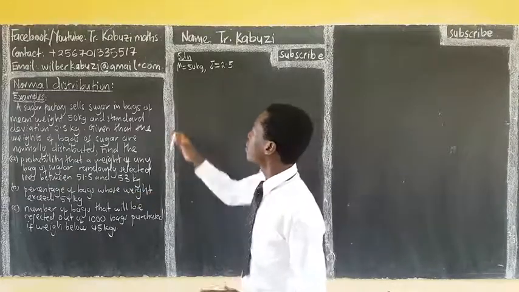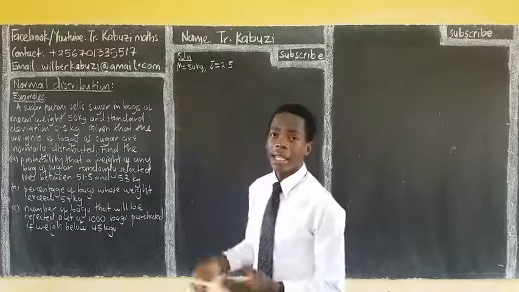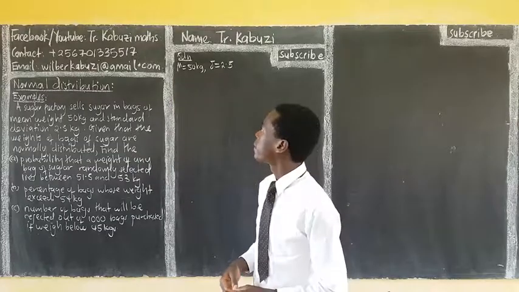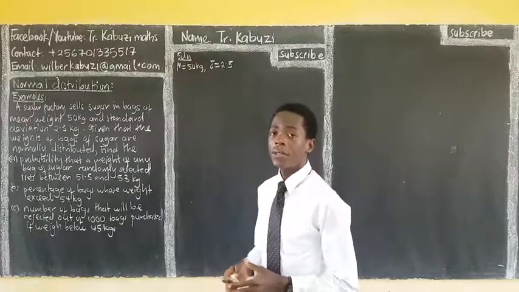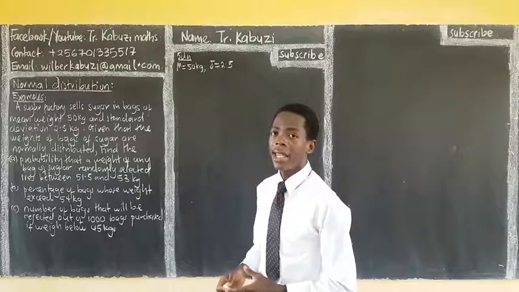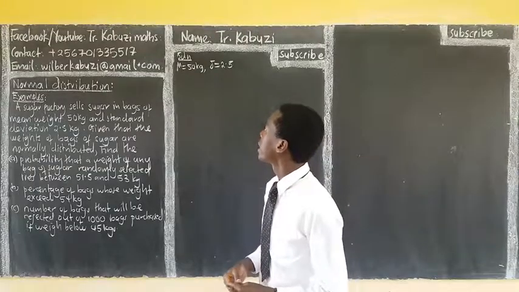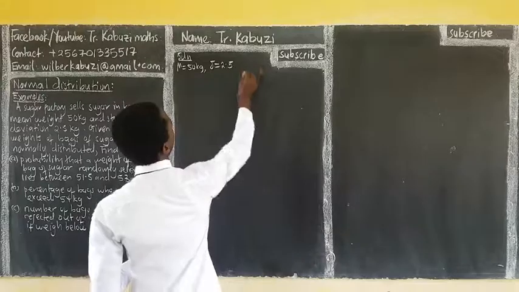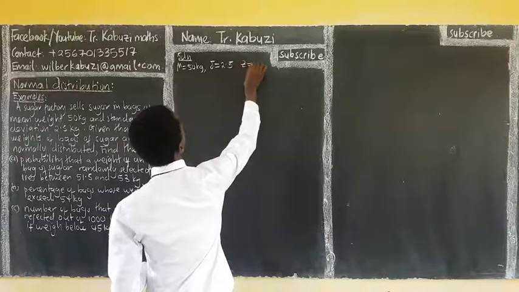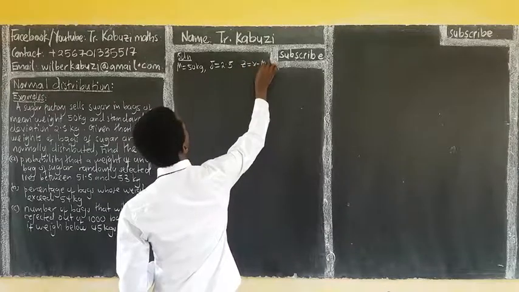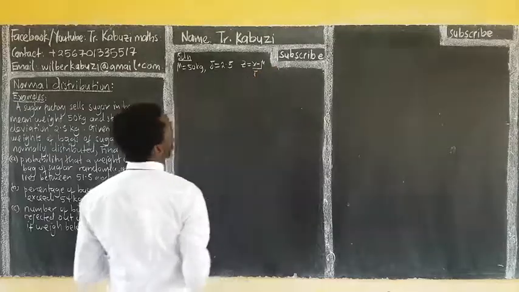So these are variables in a normal distribution. We have to convert them to standard normal so that we can easily get their probabilities from the tables. How do you convert them? We use the formula Z equals X minus mu over sigma.